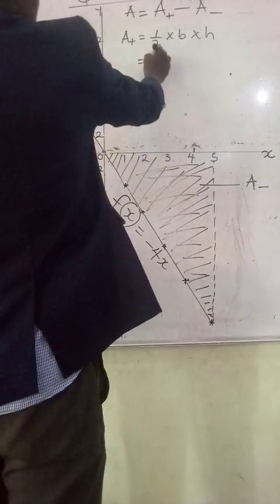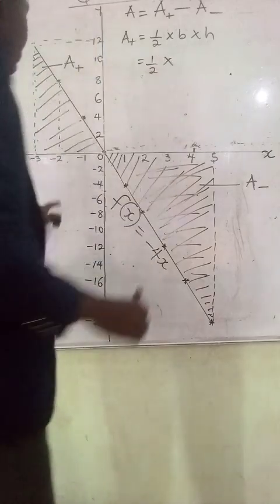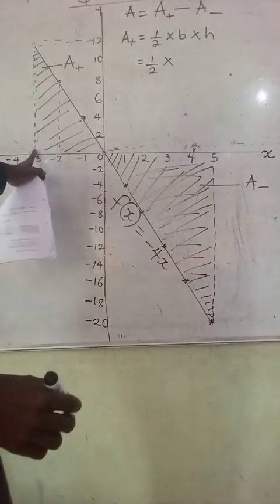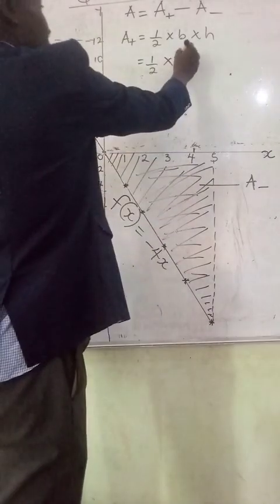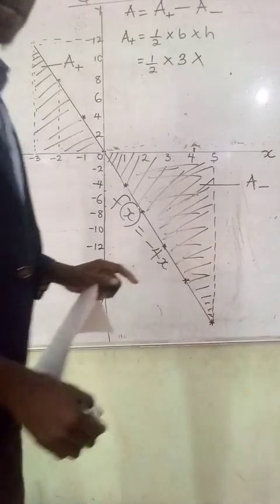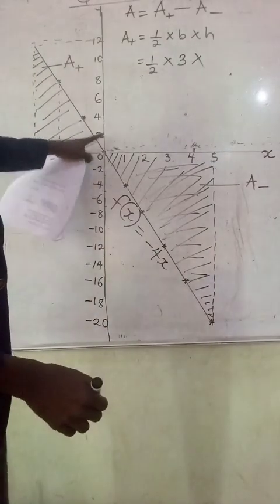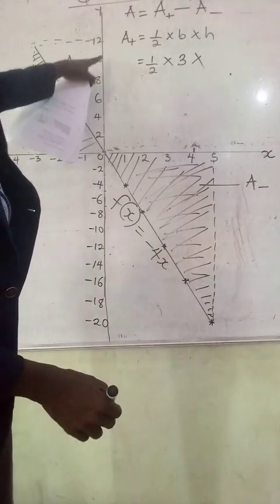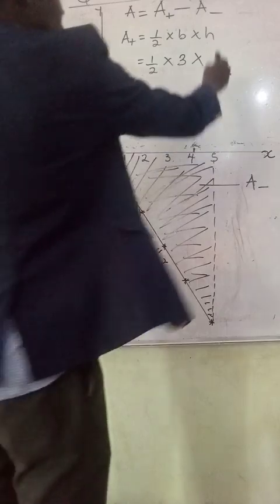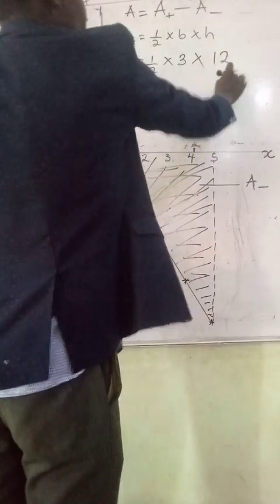So we have it as half times our base. Our base is 1, 2, 3. Our base will be 3 multiplied by the height. Our height in this case is 2, 4, 6, 8, 10, 12. We have our height to be equal to 12.